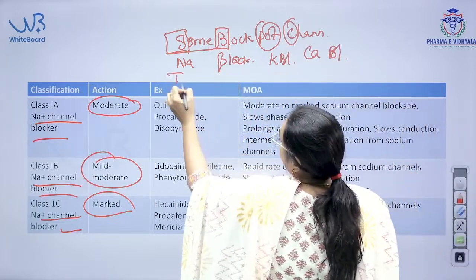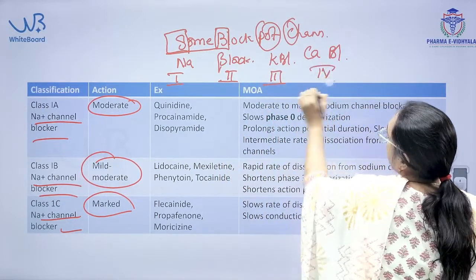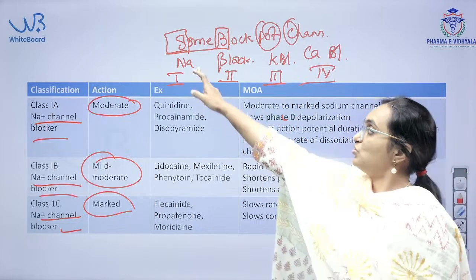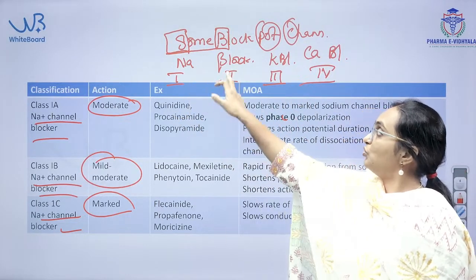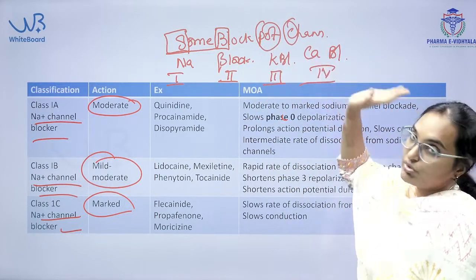So, 1, 2, 3, 4. Okay. Class 1, class 2, class 3, class 4. Class 1 are sodium channel blockers. Class 2 are beta blockers. Class 3 are potassium channel blockers. Class 4 are calcium channel blockers.